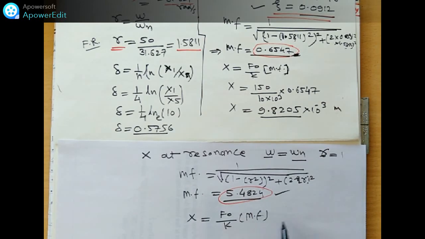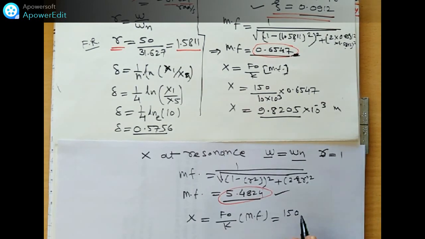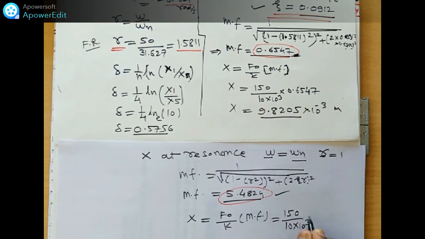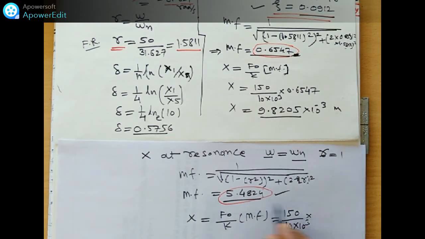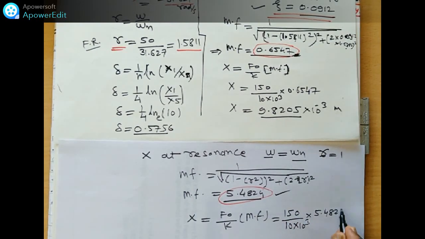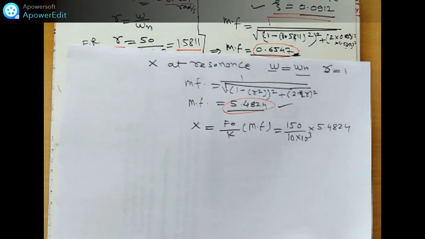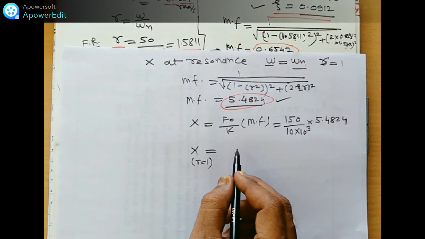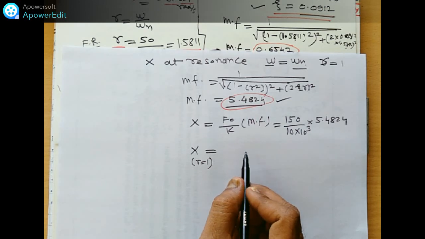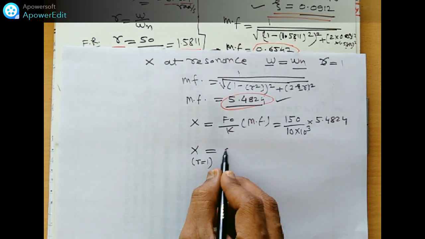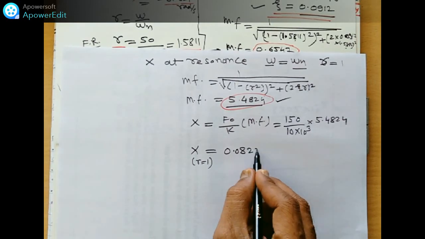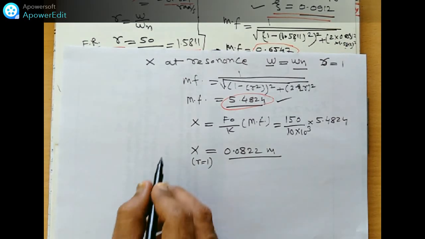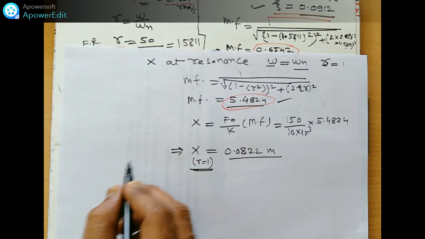F0 we know, 150 upon 10 into 10 raised to 3, into the value of MF we just calculated, 5.4824. So what will be the value of x at r equal to 1? Calculating this term, 0.0822 meter, or 82.2 millimeter. This is the amplitude at resonance, when omega is equal to omega n.